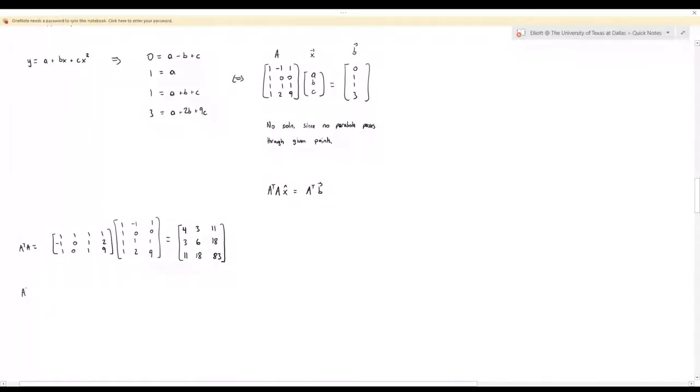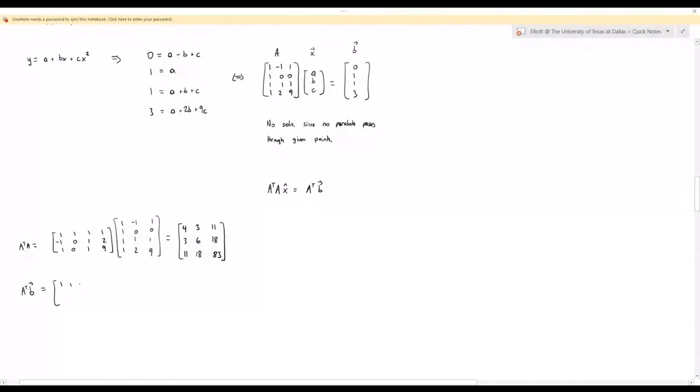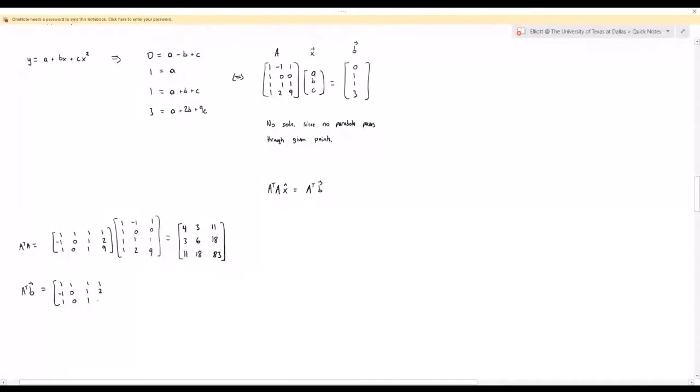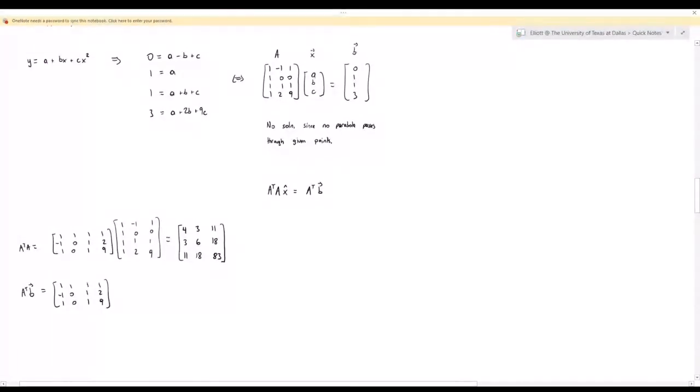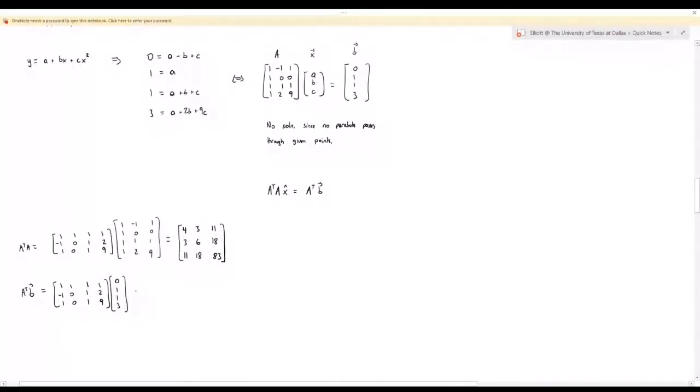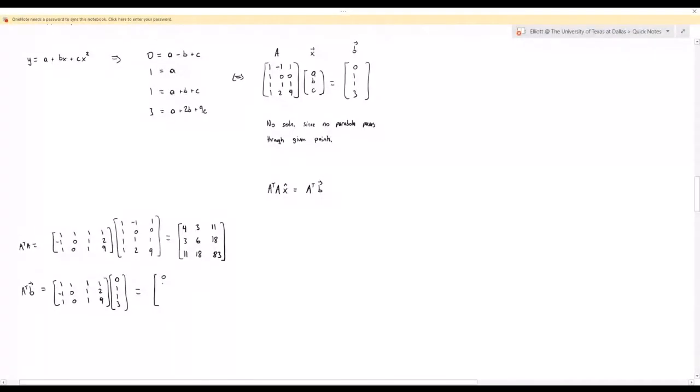I would also need to compute A transpose B as well, so let's do that one next. I'll also just quickly do this computation.